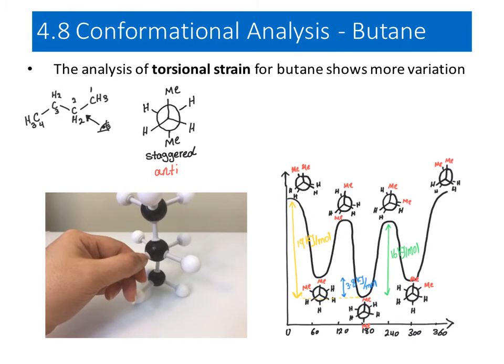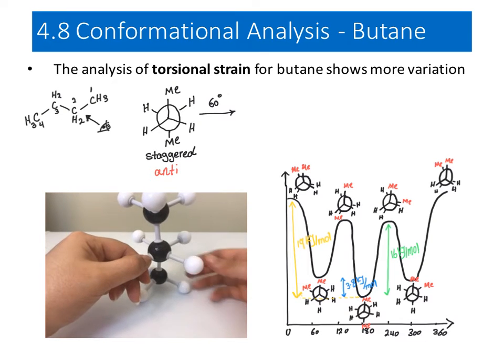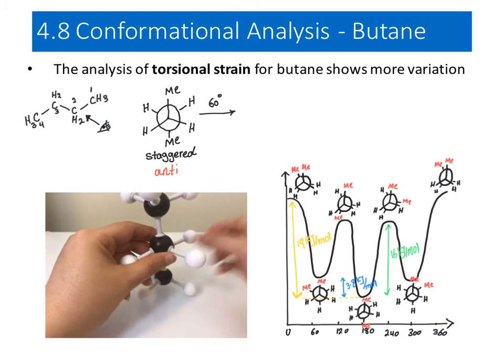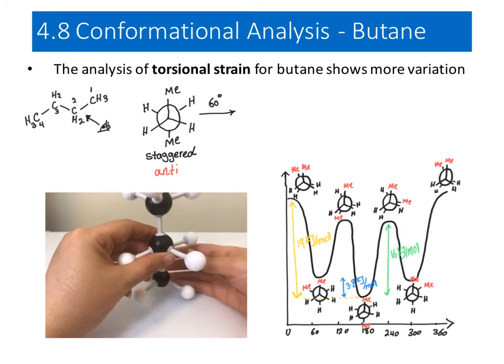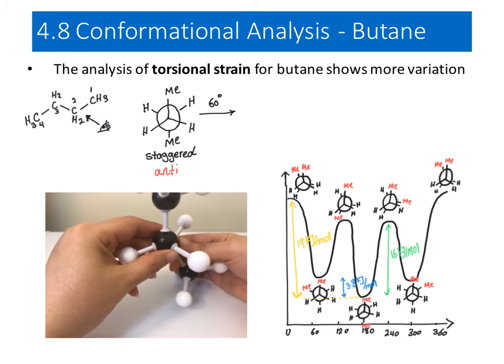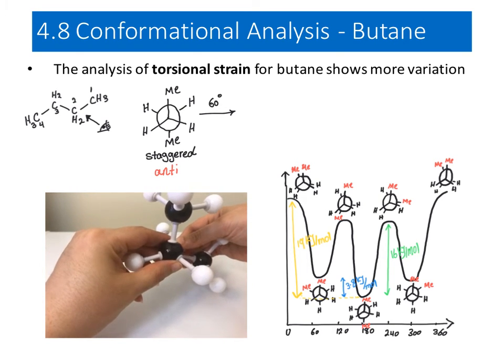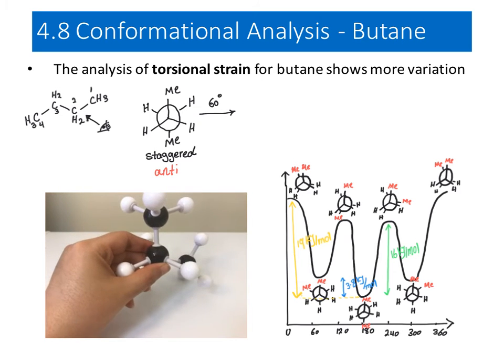So to get the next conformation, you need to rotate the molecule for another 60 degrees. So I hold this front carbon and I rotate the back carbon. This is what we can see. So the front carbon didn't move.